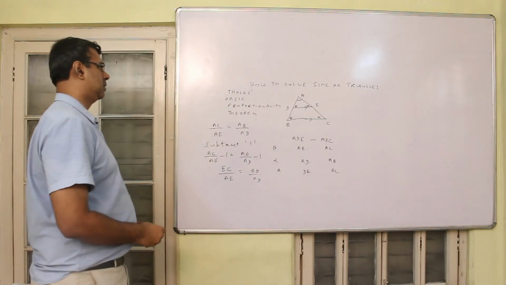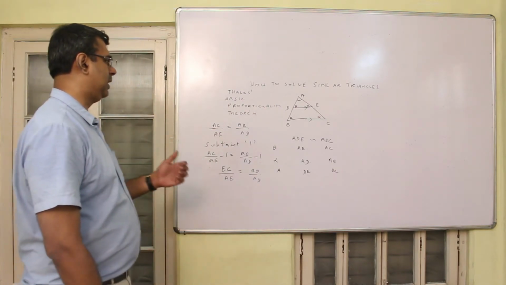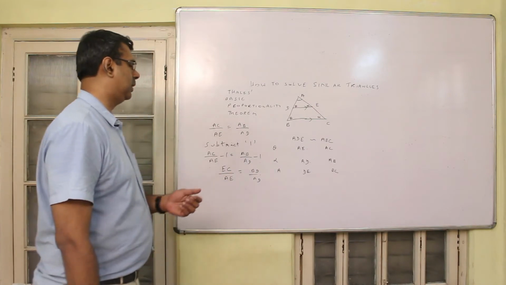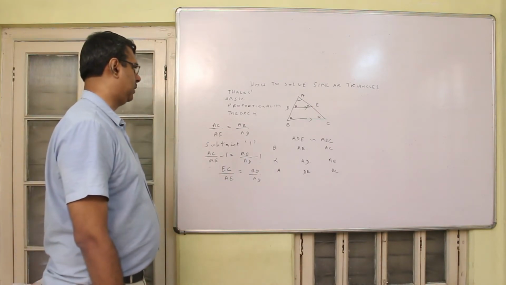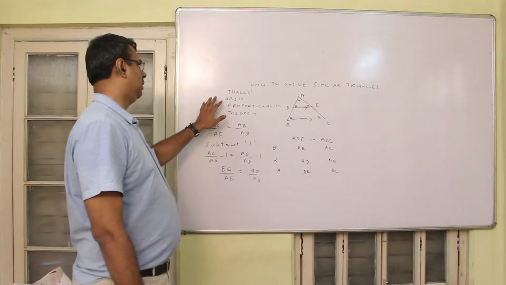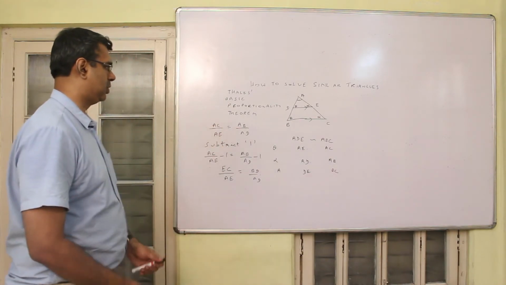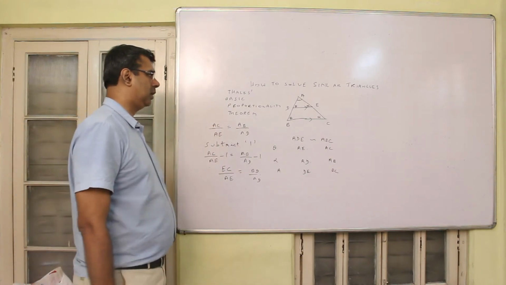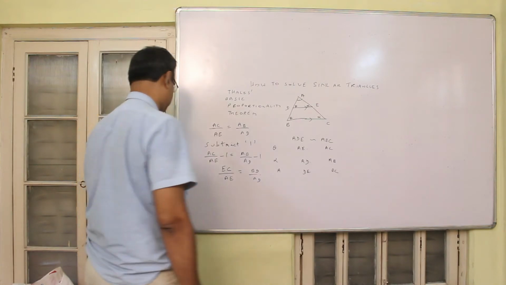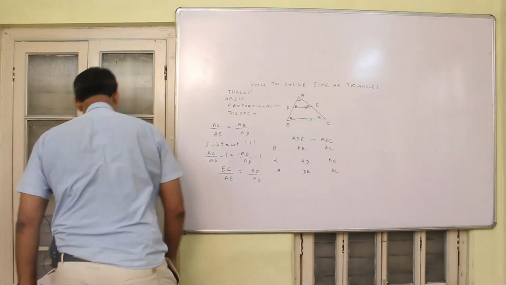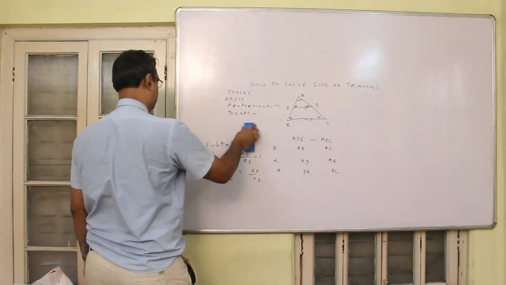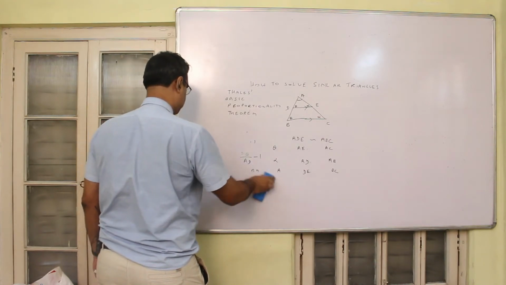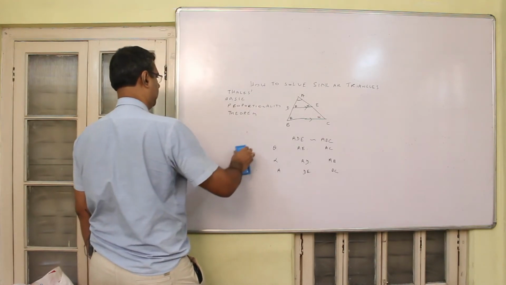So Thales was the famous Greek mathematician who is credited with the discovery of this particular theorem, and in his name we call it Thales basic proportionality theorem. This is a very important theorem with a lot of usage in various sums of similar triangles. What we'll do is we'll just have a look at one of them right now.